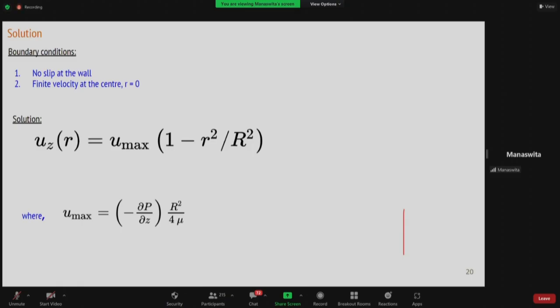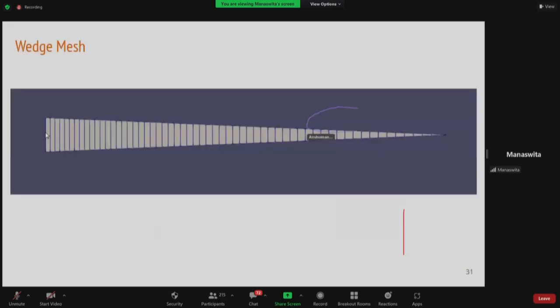Minus 2r by R square. So duz/dr is minus 2r by R square. The gradient is 0 at the center and maximum at the wall. That means the change in velocity with respect to position is maximum at the wall, so if you want to pick that up, you have to have a finer grid there. That's why we are using a finer grid closer to the wall.